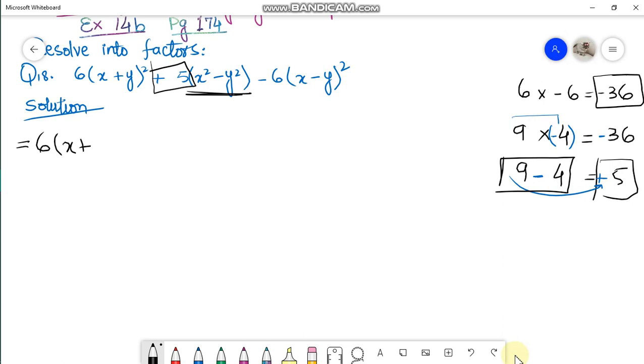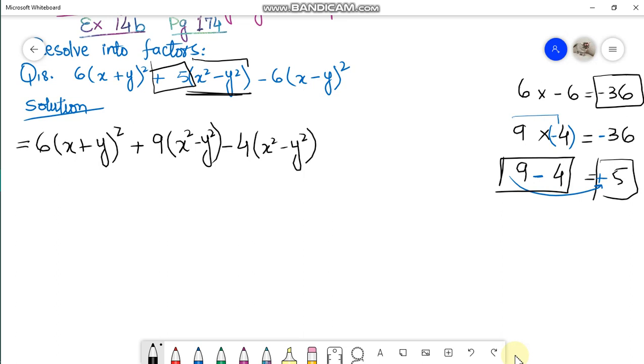The first term (x plus y) whole square will remain at its place, and positive 5 will be replaced with positive 9 and minus 4, and the variable of 5, that is this bracket, will be written with both the factors, that is 9 and 4. x square minus y square will be written with 9, and it will also be written with 4, that is x square minus y square. So we have split the middle term in two terms.